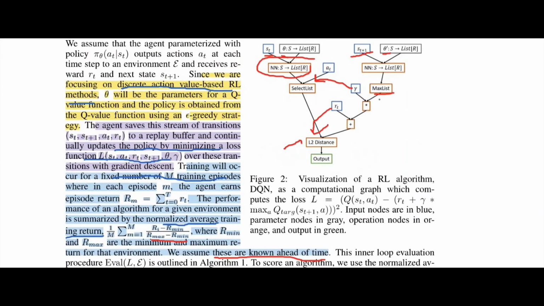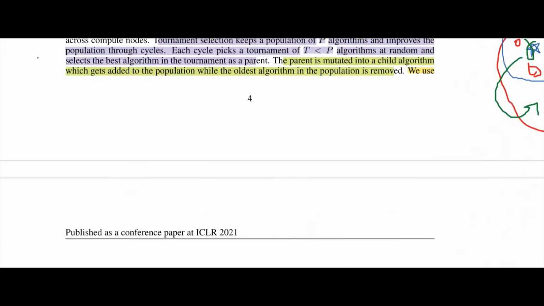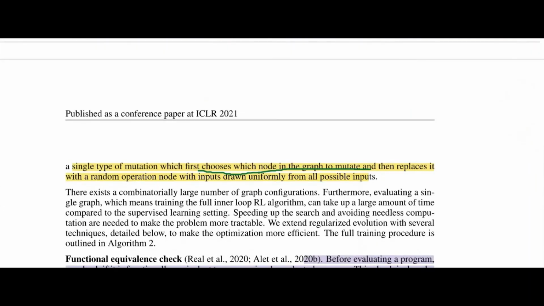So say it chooses this node. Then it replaces this node with a random operation node. There could be any operation node here. And then after that, it uniformly randomly connects all possible inputs to this operation node. So this is how they mutate their computation graph.